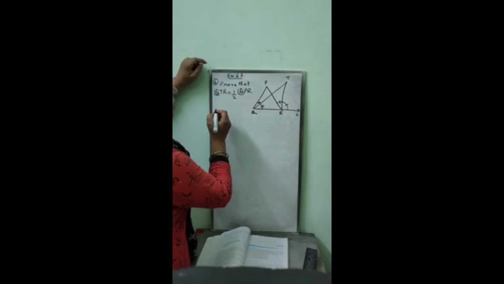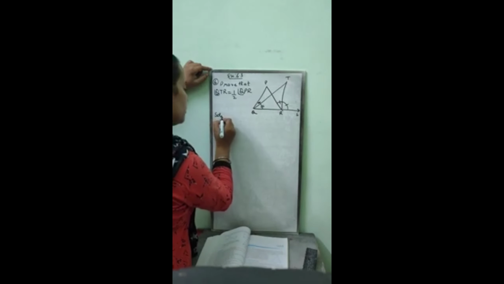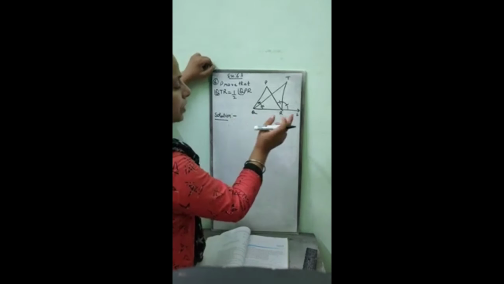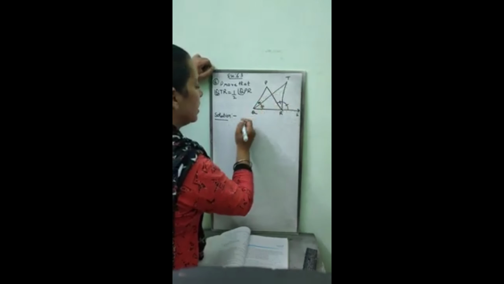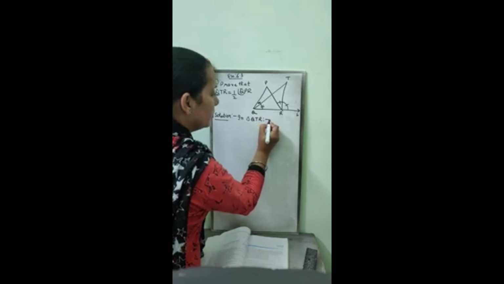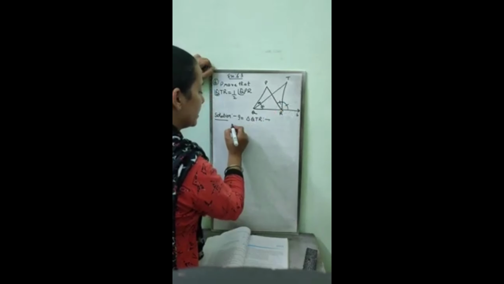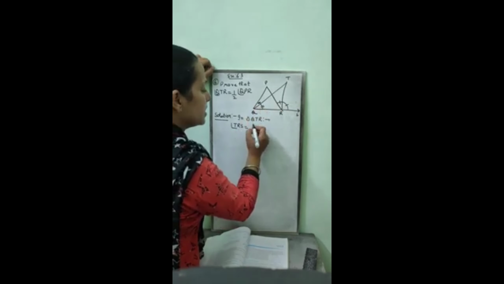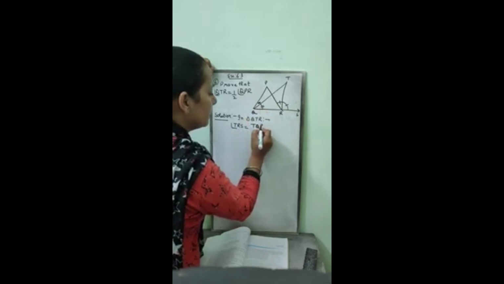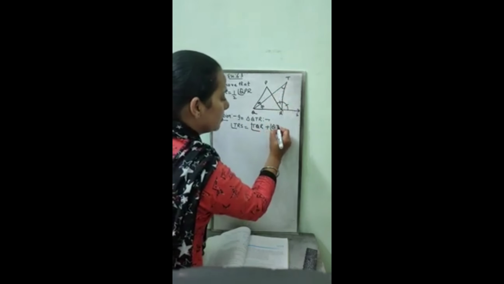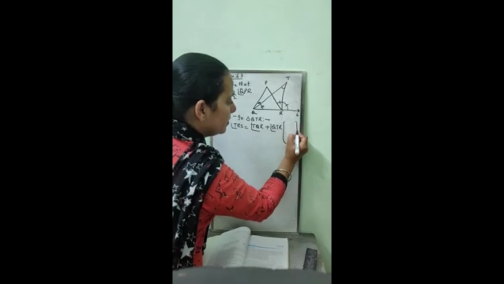So let us start the solution. See, in this triangle QTR, the exterior angle is TRS. The two interior opposite angles are PQR and this QTR. What have we done?